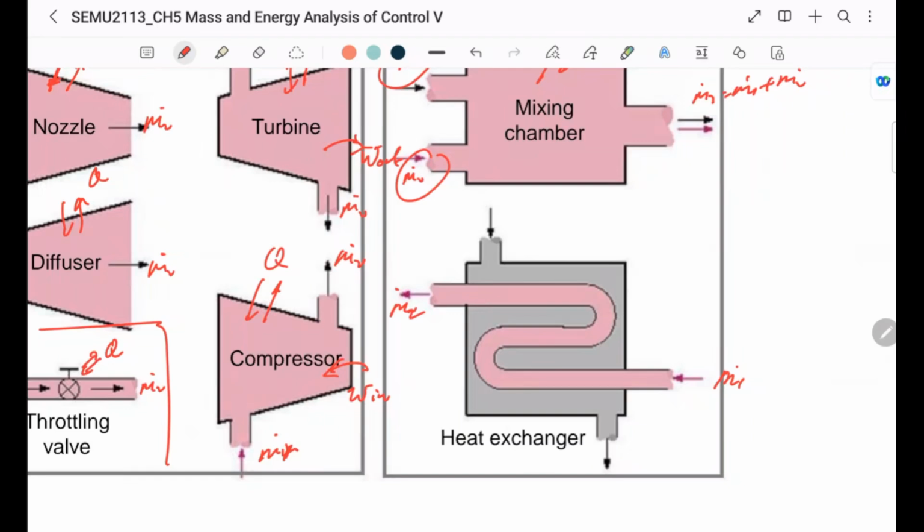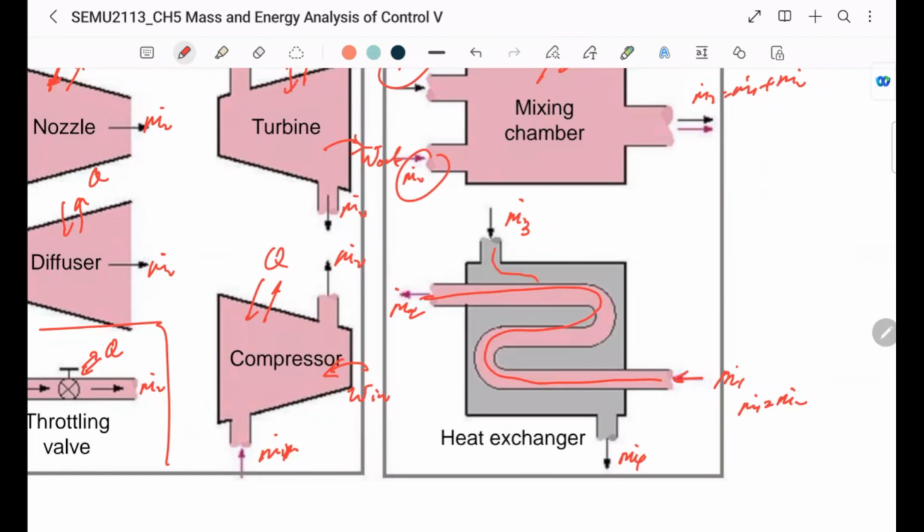Okay, so M1 equal to M2, because what goes in here will flow to here. So that's steady state. But at the same time, we have two different streams.